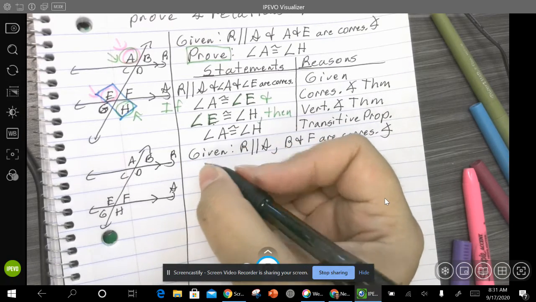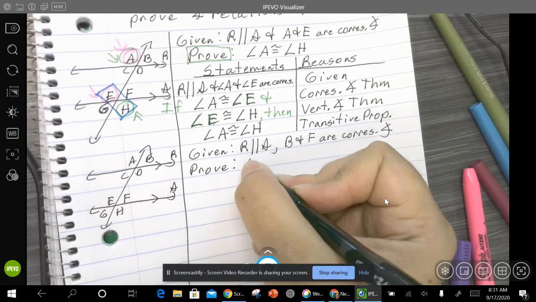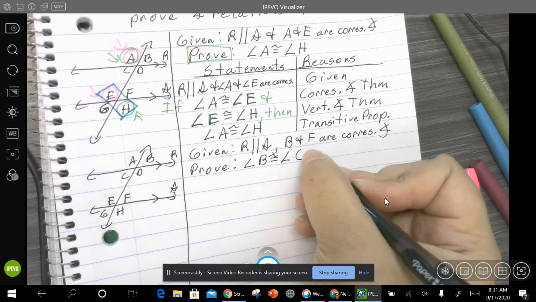And we need to prove that angle B is congruent to angle G.